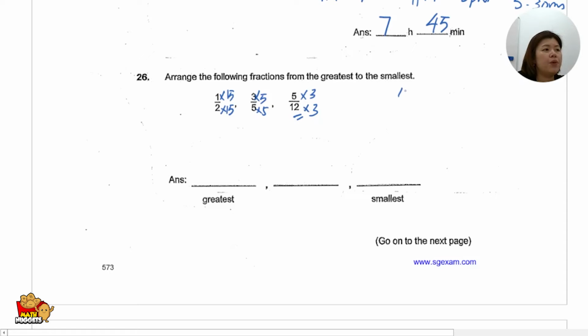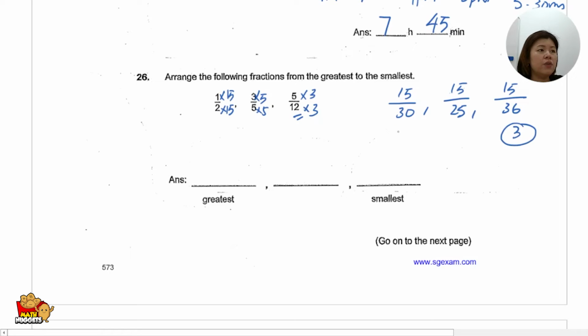You will end up with 15 over 30, 15 over 25, 15 over 36. When the numerators are the same, the bigger the denominator, the smaller the fraction. So this is the smallest, followed by this, and this is the greatest.